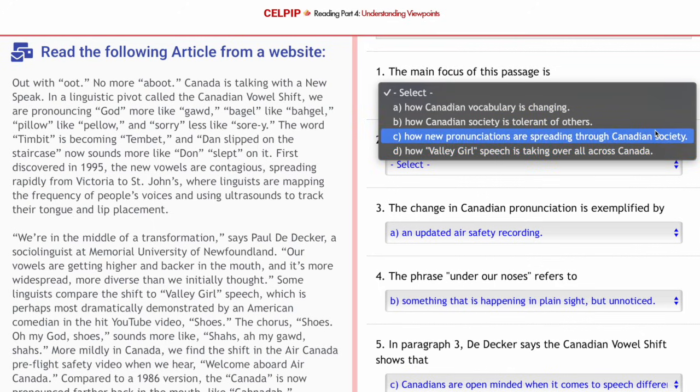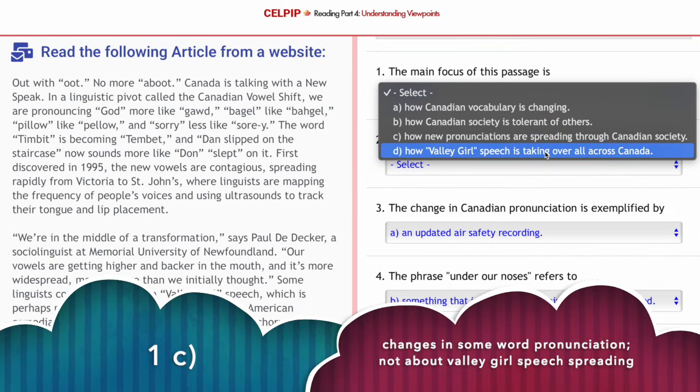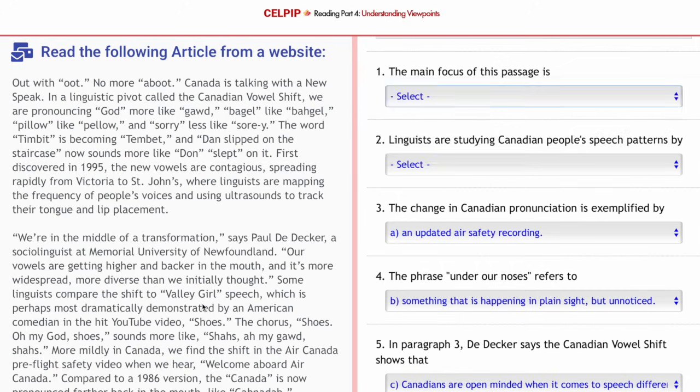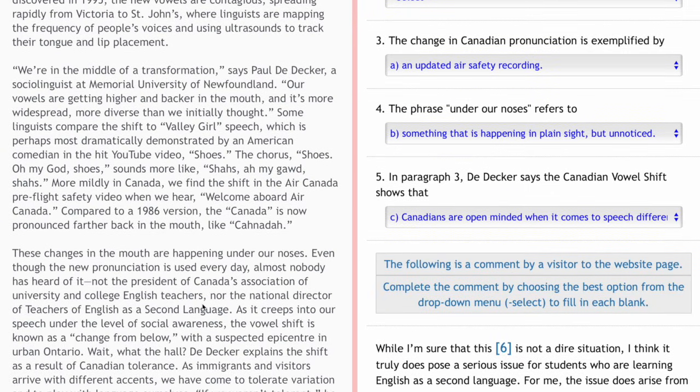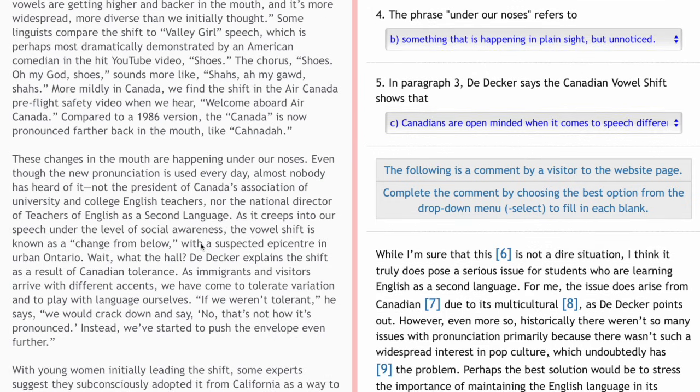Well, not D, right? Because it's really not taking over. They said it's mainly in Ontario also. What I read over here, it said over here, with a suspected epicenter in Ontario.